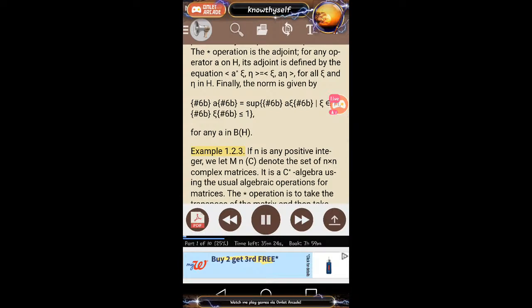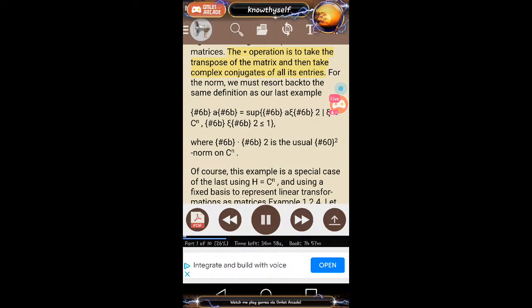Example 1.2.3. If n is any positive integer, we let M_n(C) denote the set of n times n complex matrices. It is a C* algebra using the usual algebraic operations for matrices. The operation * is to take the transpose of the matrix and then take complex conjugates of all its entries.